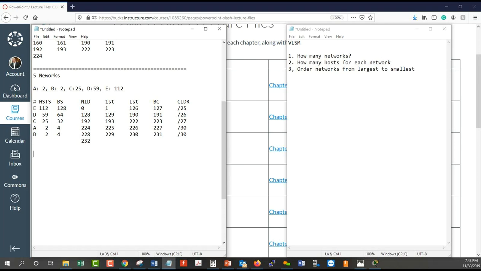Now, let's see what else we have. So any questions on the variable length subnet masks? Let me just fill this in in case anybody's really paying attention. Order the networks largest to smallest.